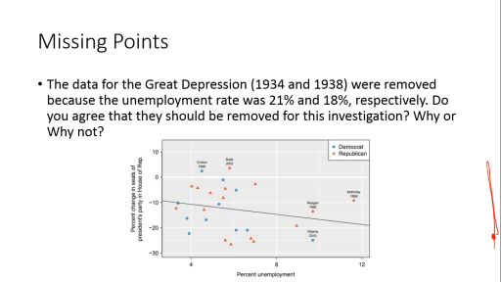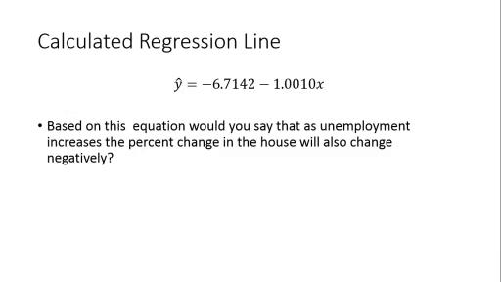That's why they have been removed. And the Great Depression was very unusual compared to the rest of U.S. history. There are other times with high unemployment, but not where it's basically double those numbers. 21% would be double about there, and 18 would be double about here. So those are major outliers, and that's why they were removed.